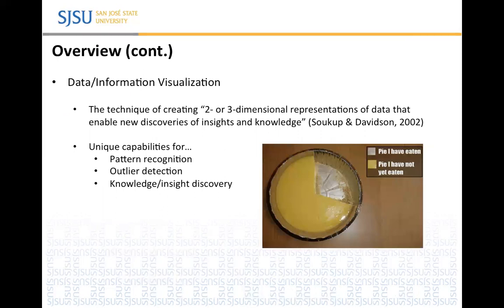So information visualization is the technique of creating 2- or 3-dimensional representations of data that enable new discoveries of insights and knowledge. So its unique pattern and outlier detection capabilities render it an important tool for disciplines ranging from computer science to the humanities. And the digital humanities communities has also increasingly witnessed its prevalence in both the literature and in practice, and we'll talk about both sides today.